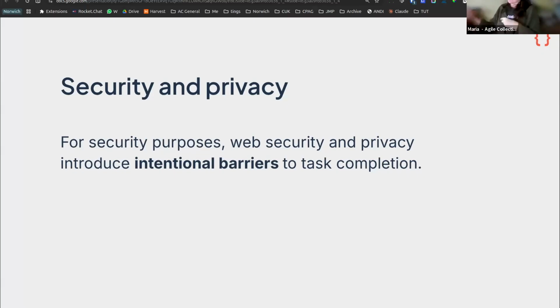Accessibility and security people do need to work together to try and ensure that both of these needs are met, right? That people can access things they want to do. They're not excluded from content or services because the security barrier is too high.